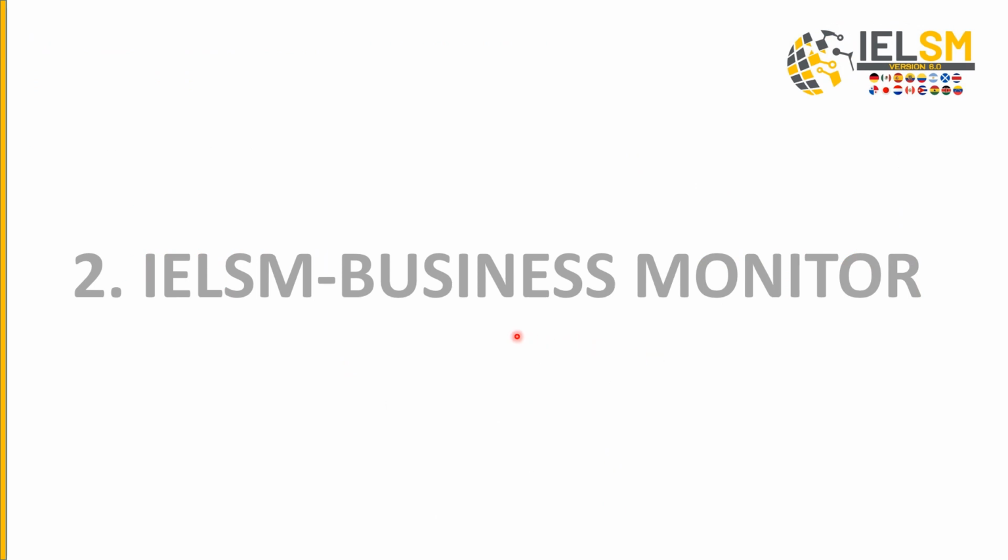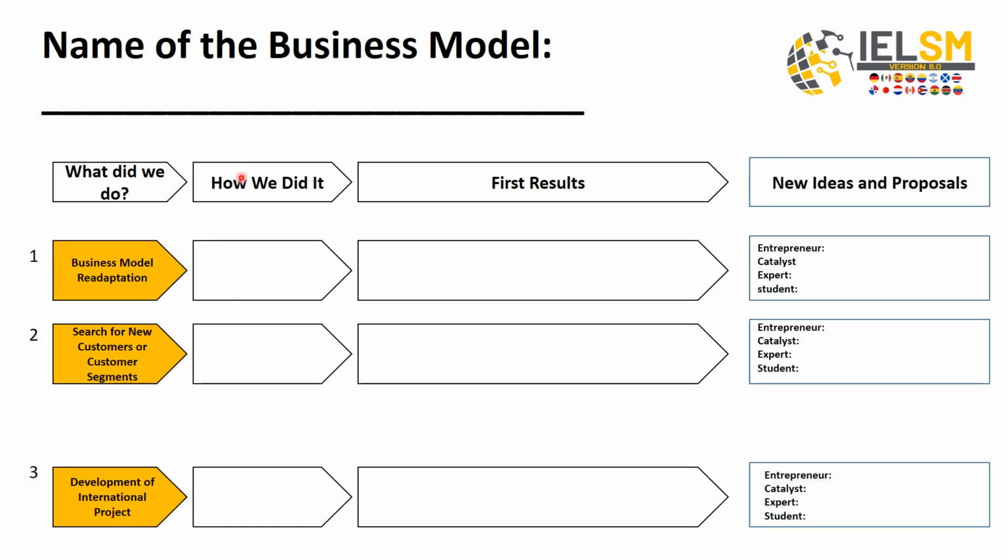When you finish the task about the coevolution methodology, we have our challenge, and we start with the Ielsm's business model. And in this case, you have a summary about the information in our Smart Money 6.0.